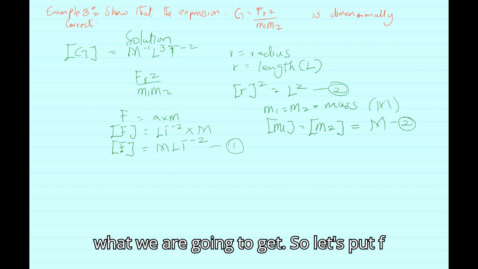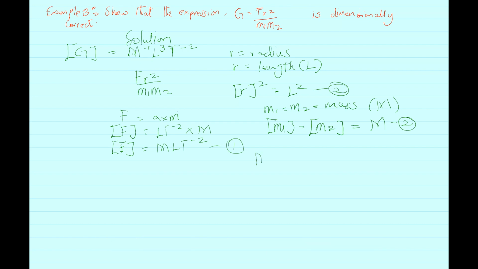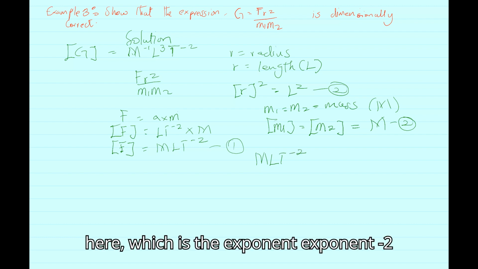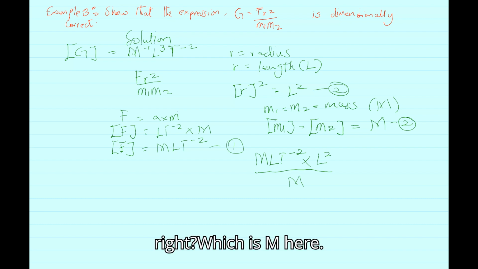So let's put F first, which is the force. So we have M L T minus 2, the exponent minus 2 for the T, times L squared for the radius, all over m1 m2, which is M times M here.